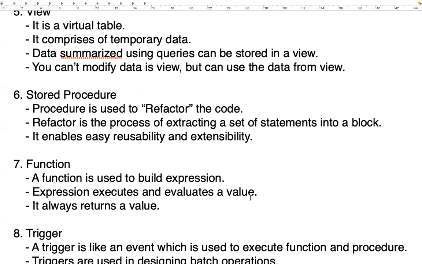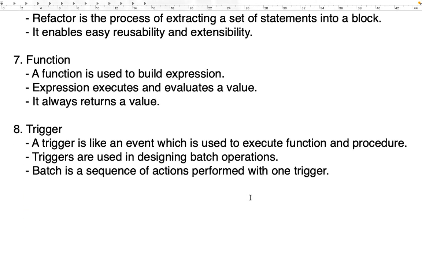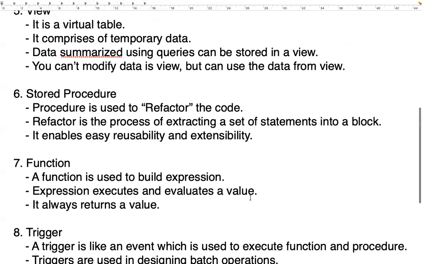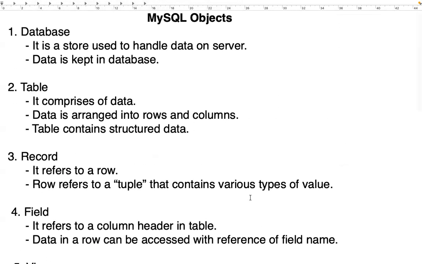Functions are used for building expressions, and a trigger is used to execute the functions and procedures. We can create batch operations. We can execute functions and procedures by using triggers. So we are going to learn all these one by one, how to create and work with them.